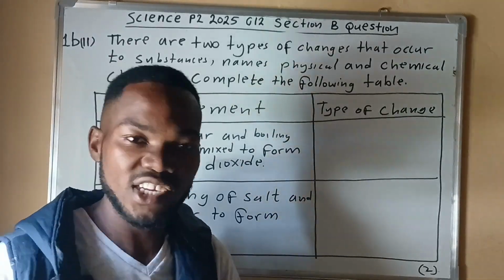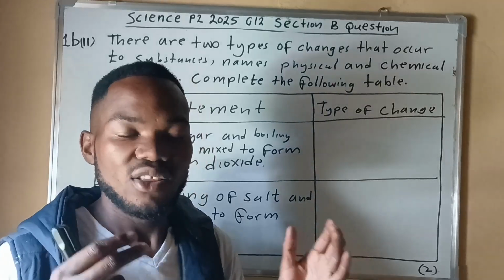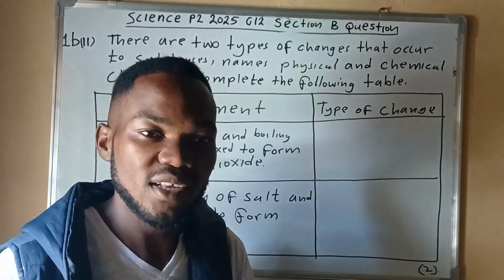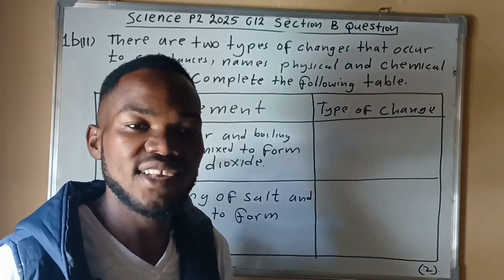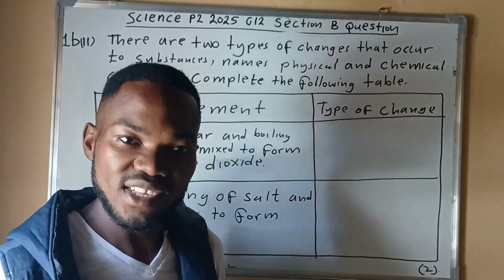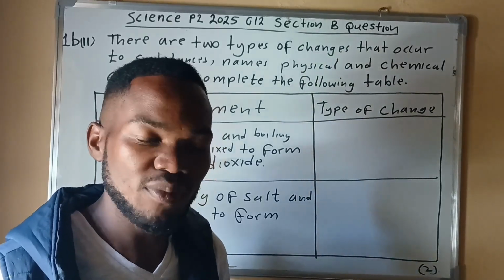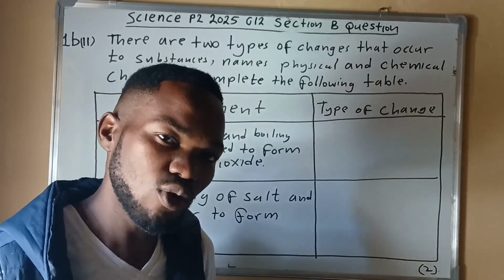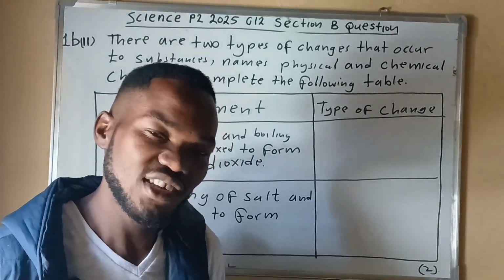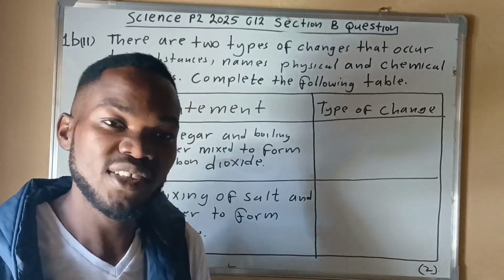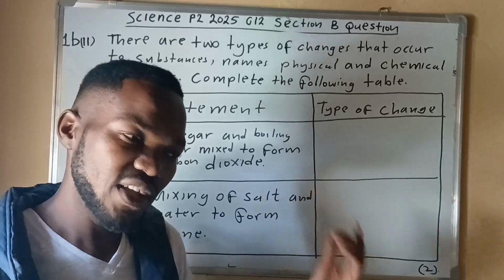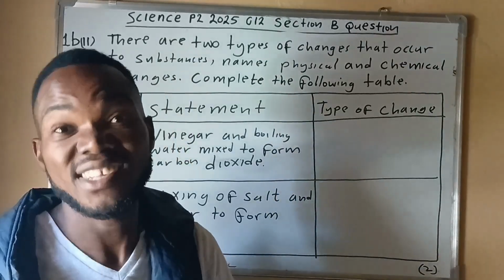It's only the size or the state that can change, but there is no new substance formed. But a chemical change is a change where a new substance is formed from the different substances. Now that's a chemical change.